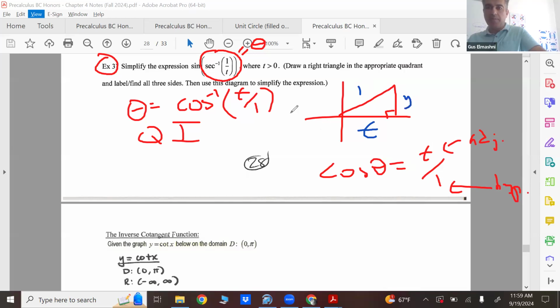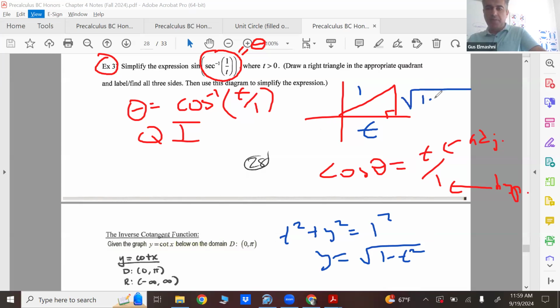And then let's call this y. And it's positive because it's opening up. So y becomes √(1 minus t squared). This is lovely. Now we're getting some really fun stuff. I was really bored with the other stuff. And what do they want?